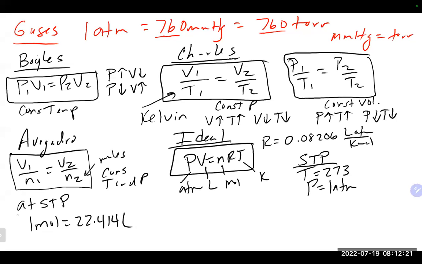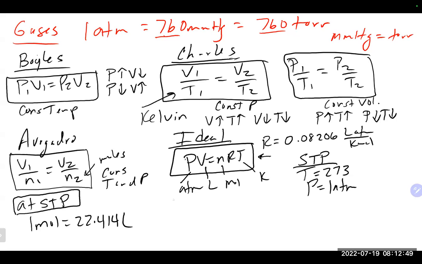That conversion can be used in place of the ideal gas law, but it definitely has to be at STP conditions. If it is not 273 and 1 atmosphere, you cannot use that conversion. The good news is you can use the ideal gas law in any situation, STP or non-STP. You can just plug the numbers in always, and it should come out okay.